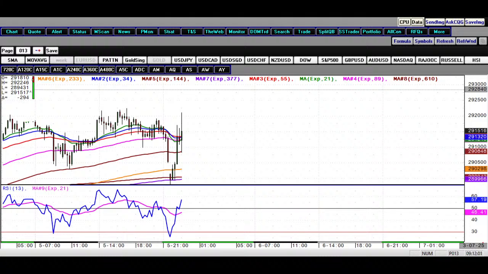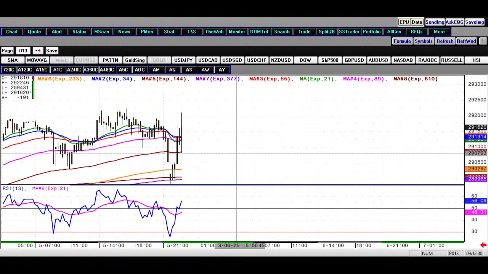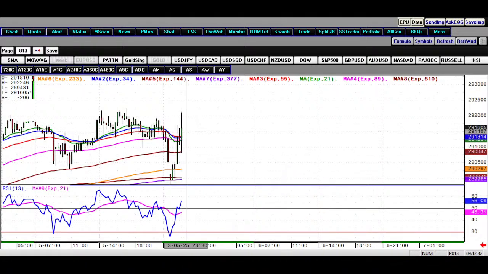I think this is already dropping to 14. We can still, I mean, this candlestick on the 15 minute is showing strength.